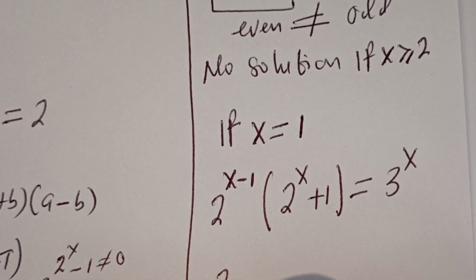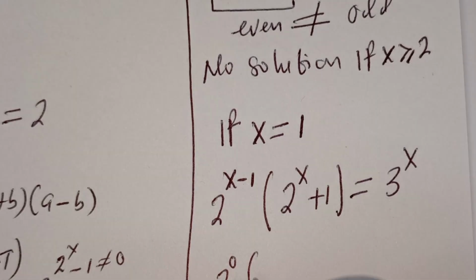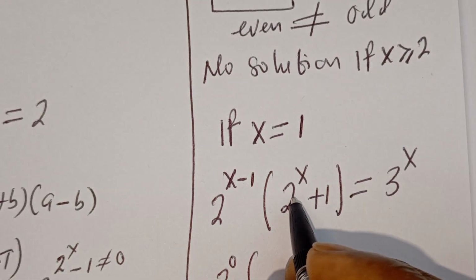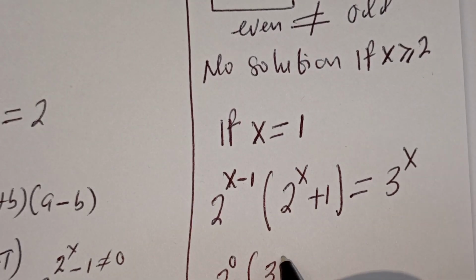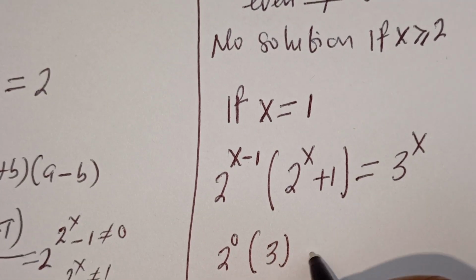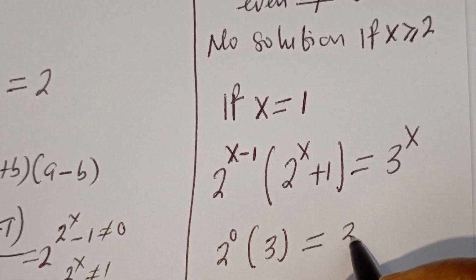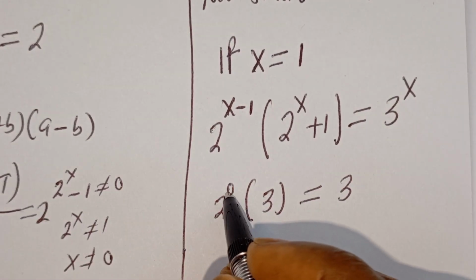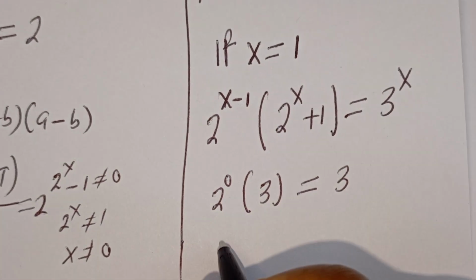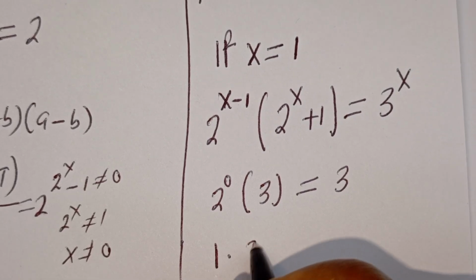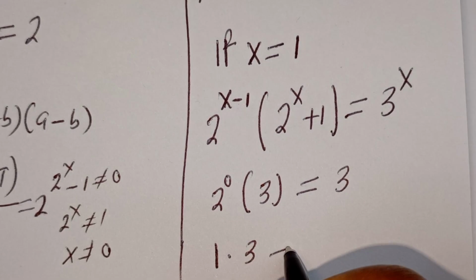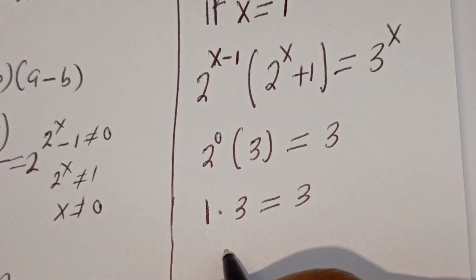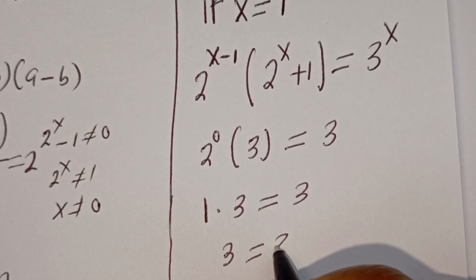We have 2 to the power of 0 bracket, here is 2 to the power of 1, that is 2 plus 1, 3. Then it's equal to 3 to the power of 1, which is 3. Now 2 to the power of 0 is 1. We have 1 multiplied by 3 is equal to 3. Then 1 multiplied by 3, this is 3, is equal to 3.